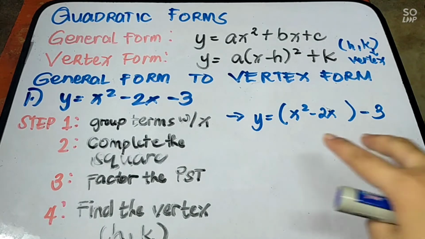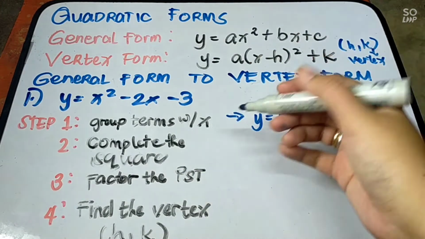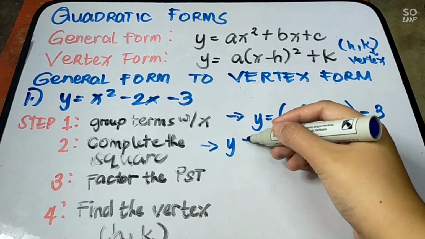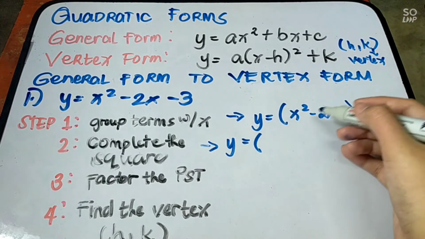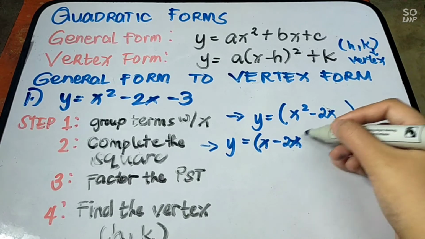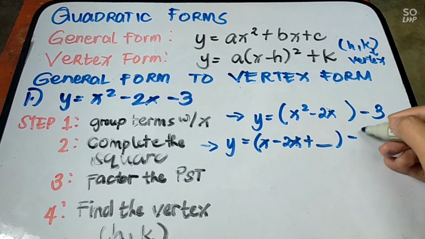Then, afterwards, etong gin-group mo na to, i-complete the square natin. Okay? So, how will you complete it? Ito yung kanina nating ginawa. So, y is equal to, for us to complete it, we have here x squared minus 2x plus blank. Diba? Then, close, minus 3.